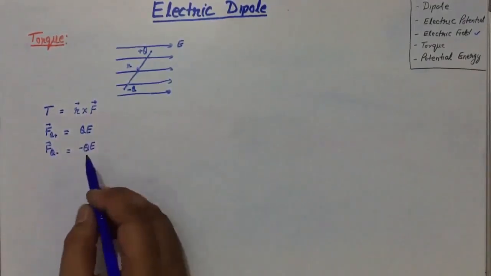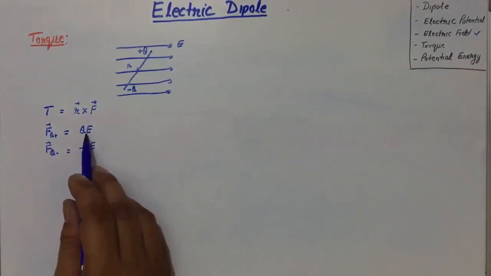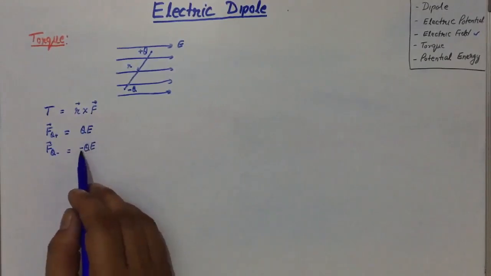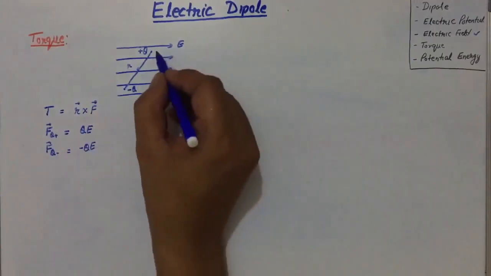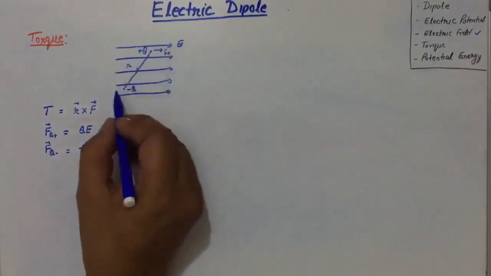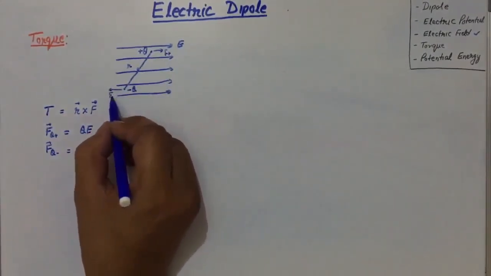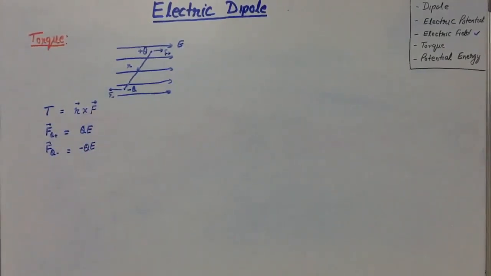So it means the force direction is in the direction of E for the positive charge, and in the opposite direction of E for the negative charge.